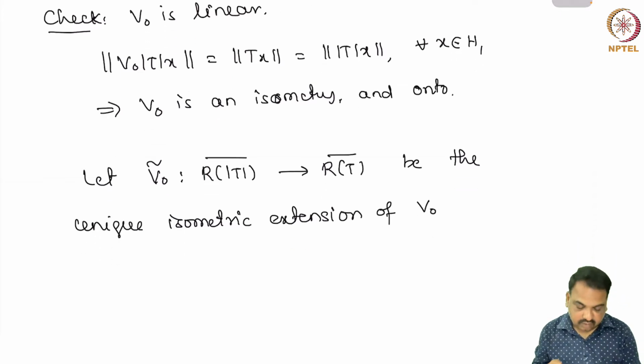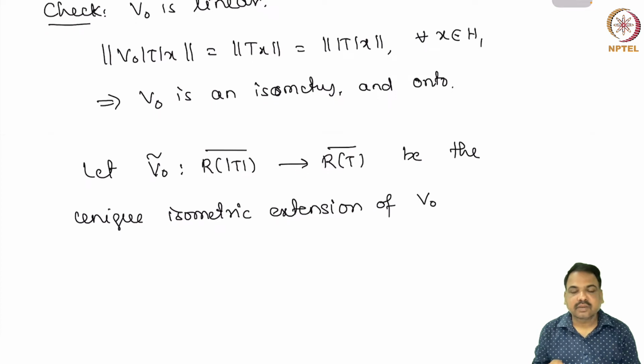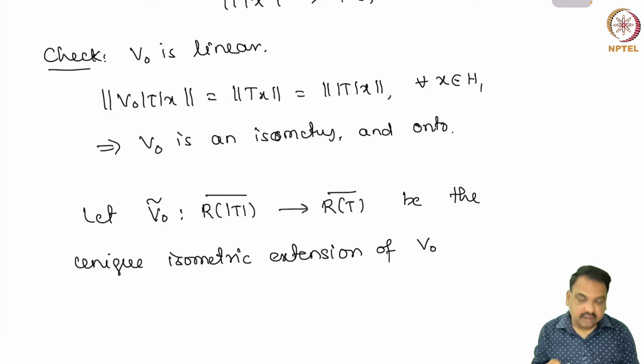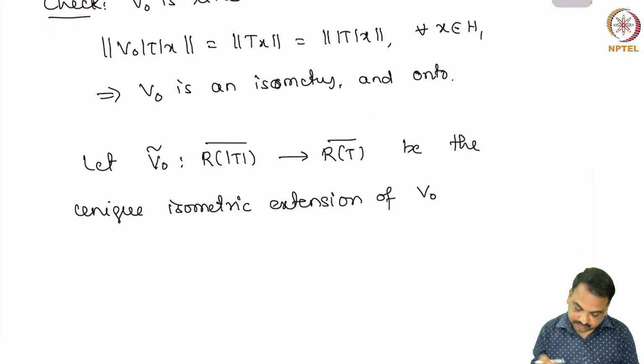And in fact, the domain we can always extend because V naught is a bounded linear map, and since V naught is unitary, V naught inverse is also a bounded linear map, which is isometric. So V naught inverse also we can extend. That means the codomain also we can extend till the closure of the range. So unique isometric, onto. So it's a unitary extension.